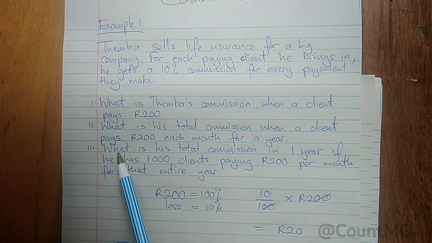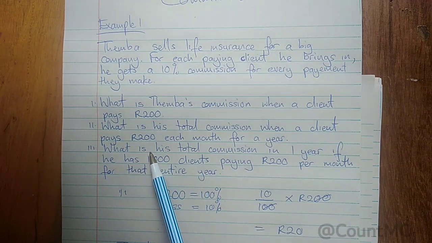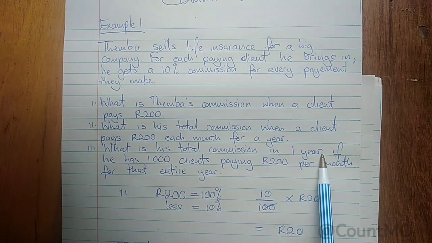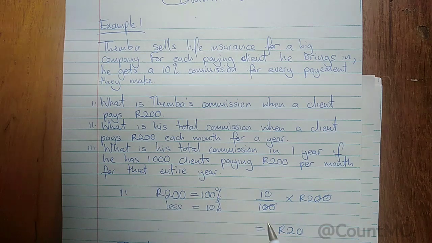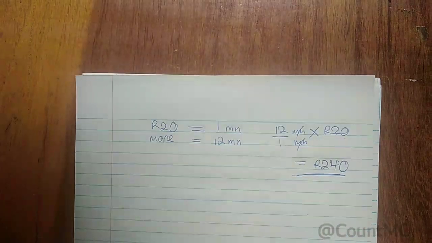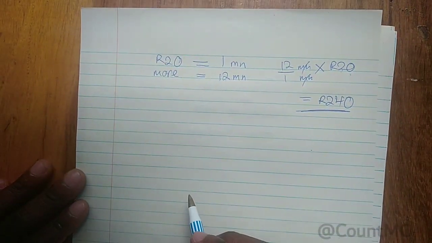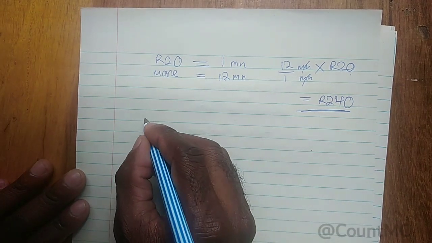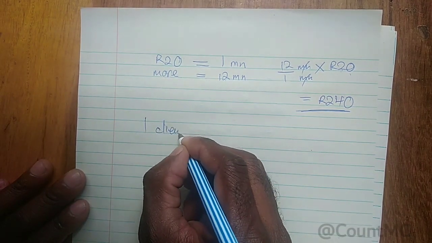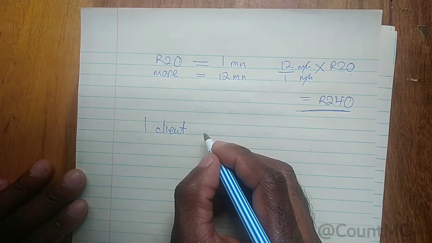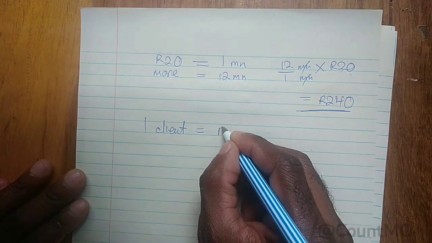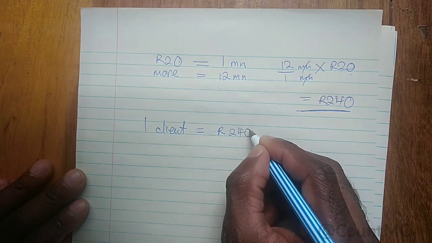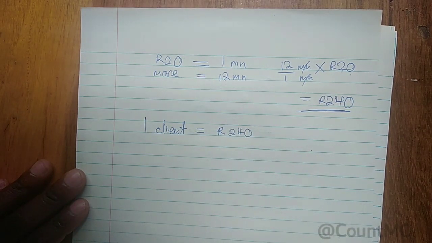Part 3. What is his total commission in 1 year if he has 1,000 clients paying 200 Rands per month for the entire year? So we already know that one client, which is paying 200 Rands per month, is giving Temba 240 Rands in total commissions per year.